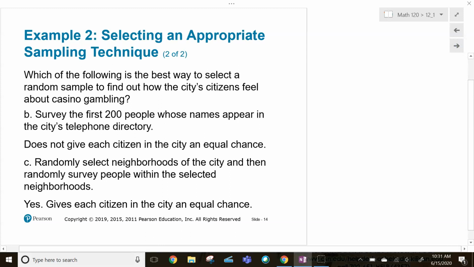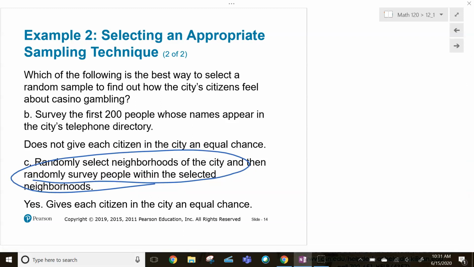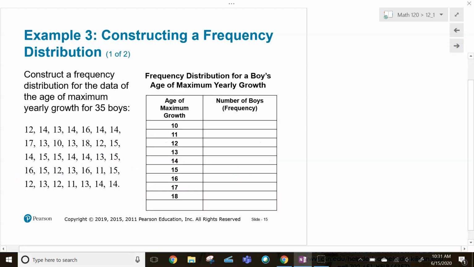Yes, everybody's got an equal chance there. You want to randomize the entire city, so one way of doing that is to randomize people within randomized areas, neighborhoods.